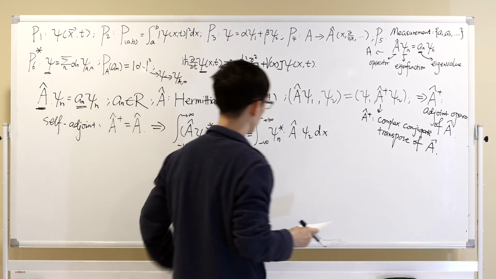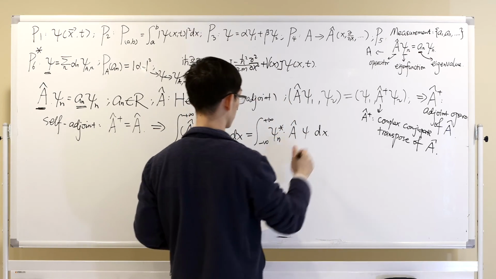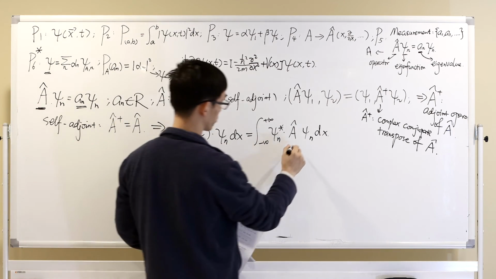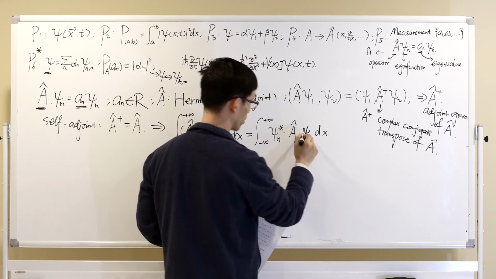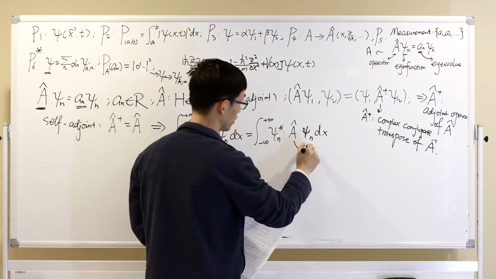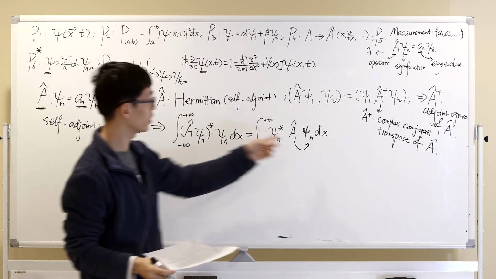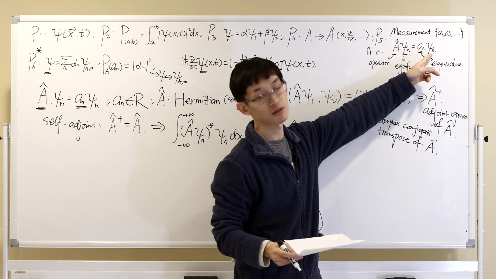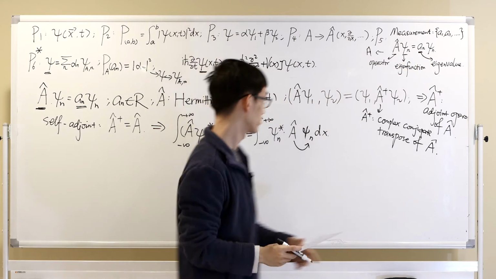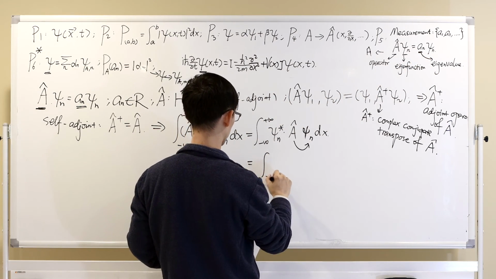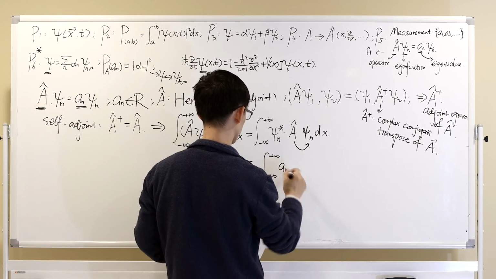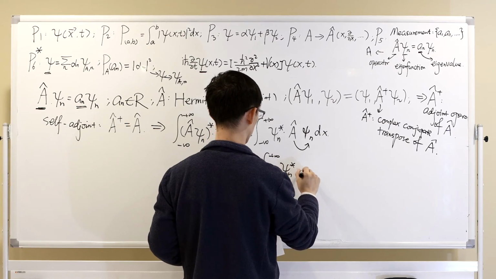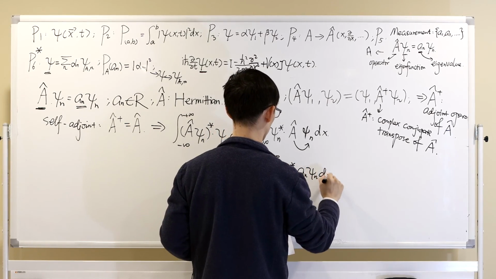So let's do that: n, and then n. Now if you look at one side, to calculate this, A has to act on ψn. And because ψn is an eigenstate, A acting on ψn will give you an ψn. So this side would be an ψn star an ψn dx.